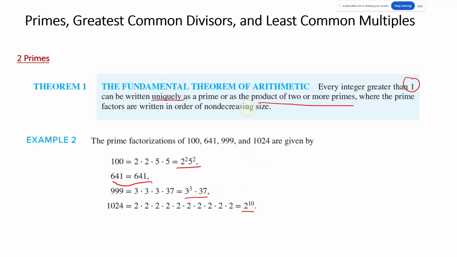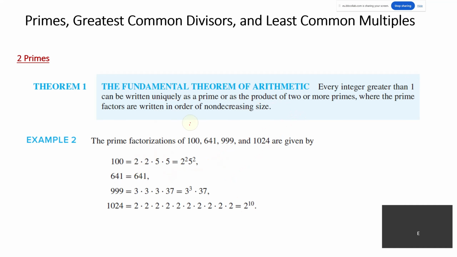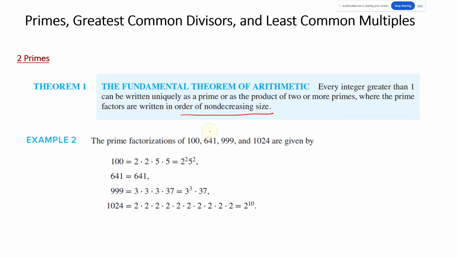So this is an example of a prime, but multiplied 10 times. Or a product of 2 or more primes, like these ones. These are written with the prime factors in non-decreasing order, which means the numbers are continuously increasing.